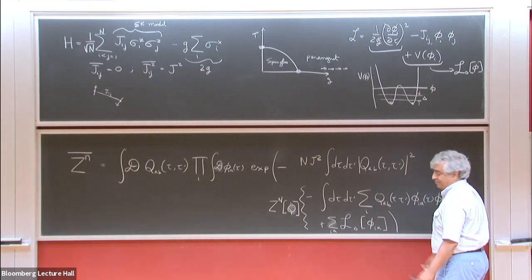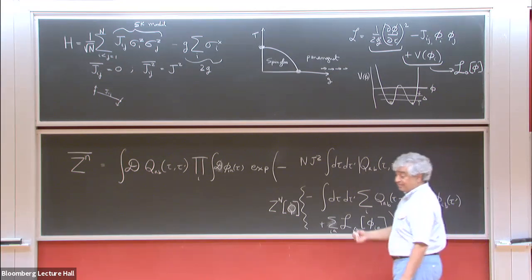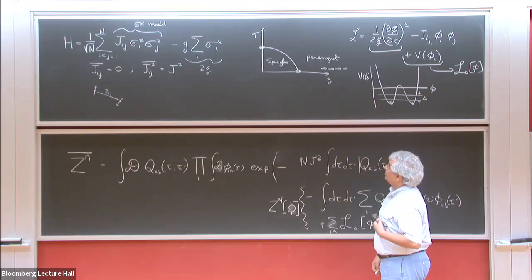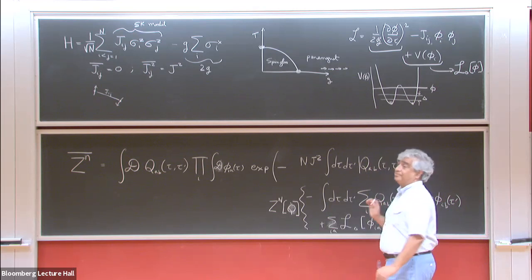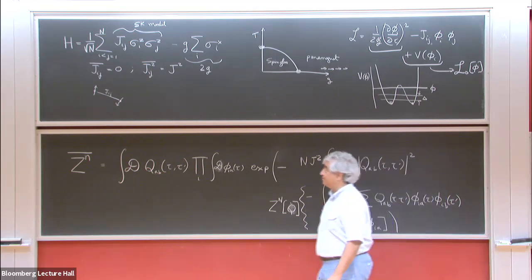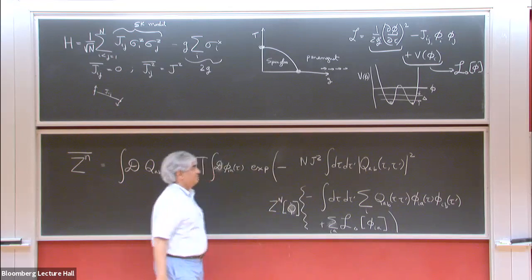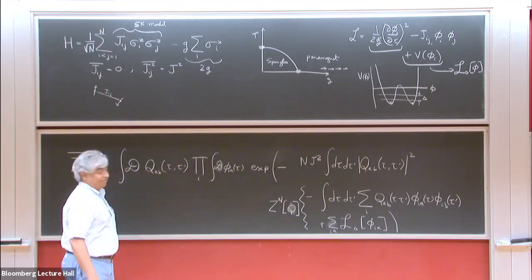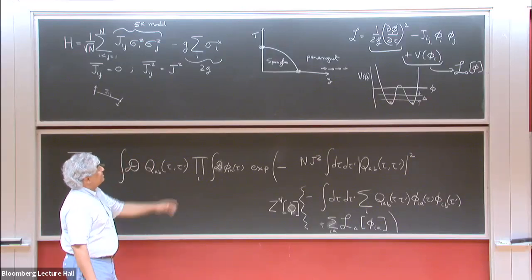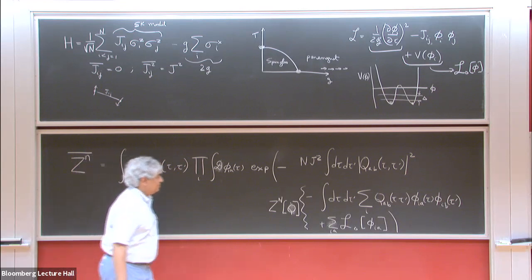And that's in general not an easy problem, but for this particular problem, you can just expand in powers of Q, and that gives you a reasonable answer, which can be checked by more careful computations and also these days numerical computations. So at least for this model, everything is pretty well understood in this regime at low temperatures.